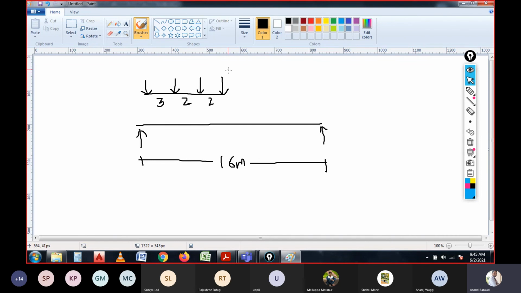The intensity of the first load is 40 kilonewtons. All loads are in kilonewtons, please note it. Here it is 80, here it is 60, and here it is 20. Let us say this is support A and this is support B.